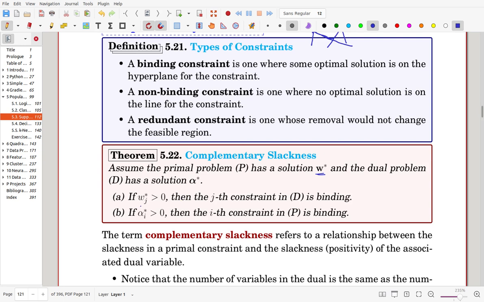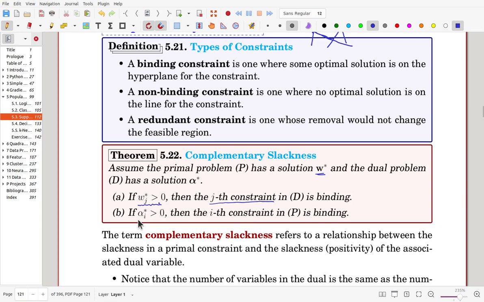Once the jth primal variable is positive, then the jth constraint in the dual is binding, which means that among the inequality, equality is satisfied.